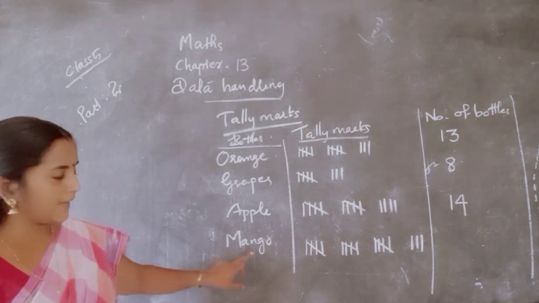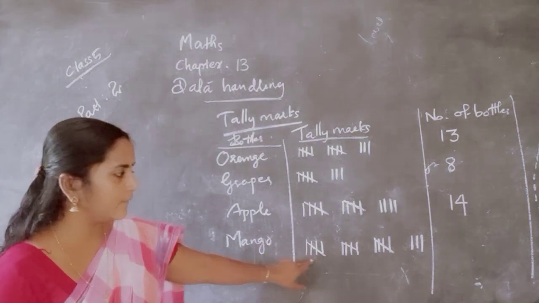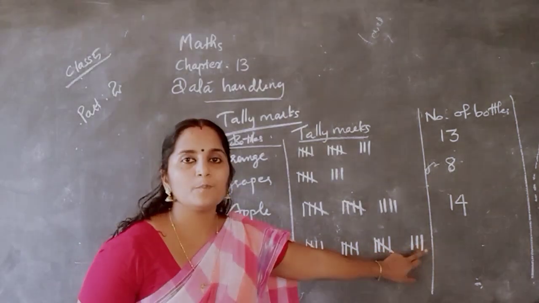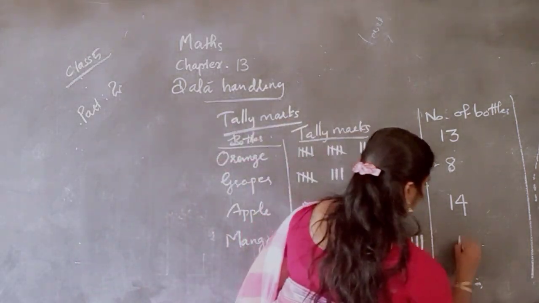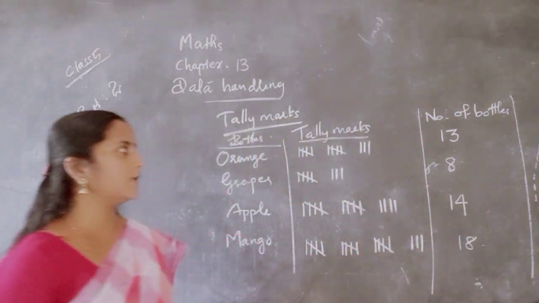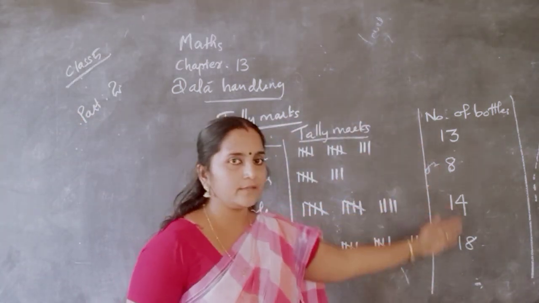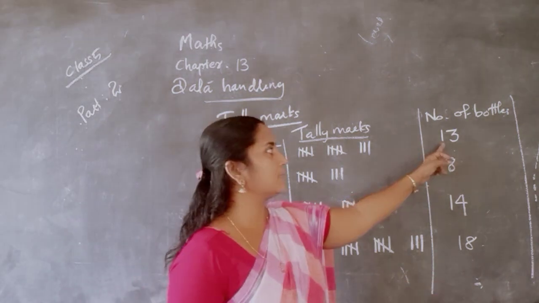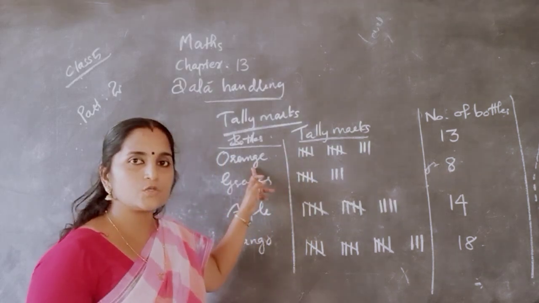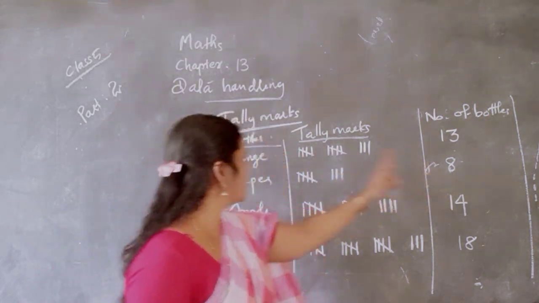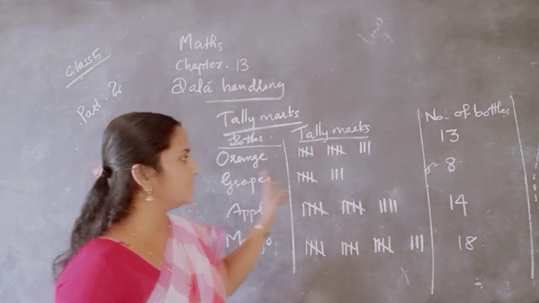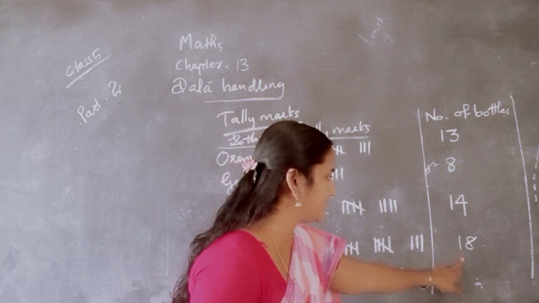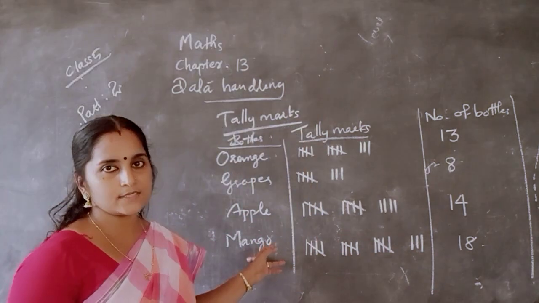Then mango juice bottles: 5 plus 5, 10 plus 5, 15 plus 3, 18. 18 bottles are there. Okay. In this way we can write the number of bottles. That means 13 orange juice bottles are there, 8 grape juice bottles are there, 14 apple juice bottles are there, 18 mango juice bottles are there.